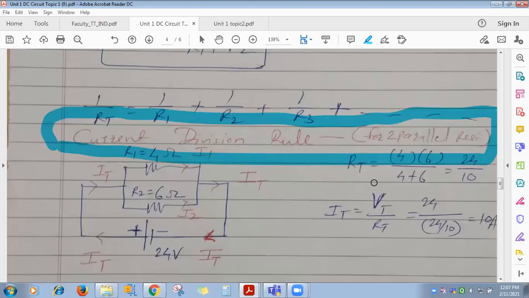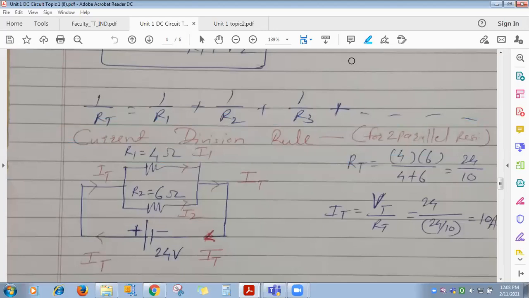Okay, so here I have shown one circuit with only 2 resistances, 4 ohm and 6 ohm, and across it 24 volt. For that, total current is required. Got it? Whenever you want to apply the current division rule, total current is required. So 4 and 6 in parallel: 4 into 6 divided by 4 plus 6.